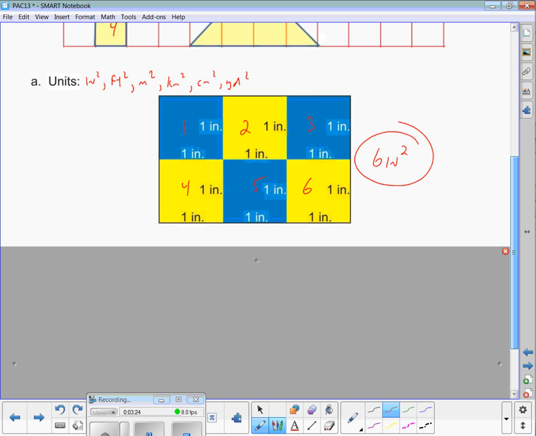You can say it either way. 6 inches squared or 6 square inches of area, right? That is the area that it takes up. Area is how much space something takes up. And that takes up 6 squares of an inch by inch. Okay? 6 square inches.